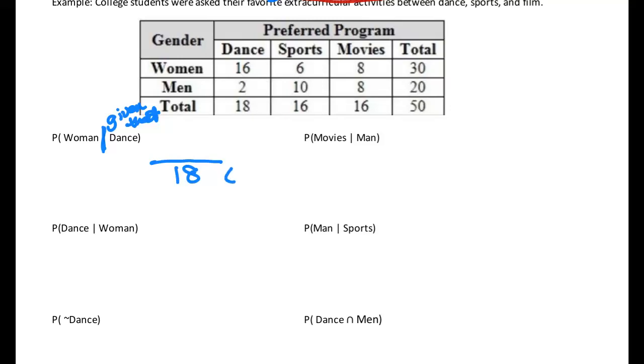18. So this becomes your new denominator. It is no longer the total in the corner because it follows this conditional statement. Now, of those 18 dancers, how many are women? 16 are dancers.